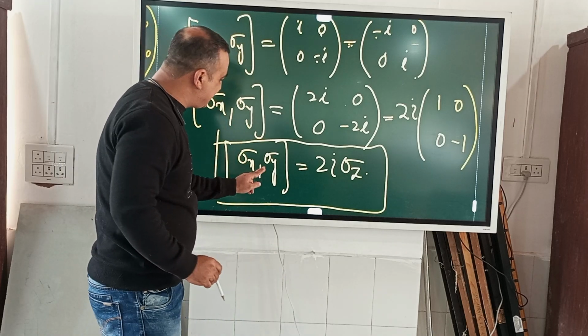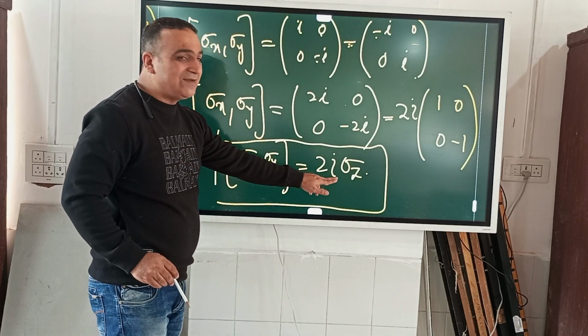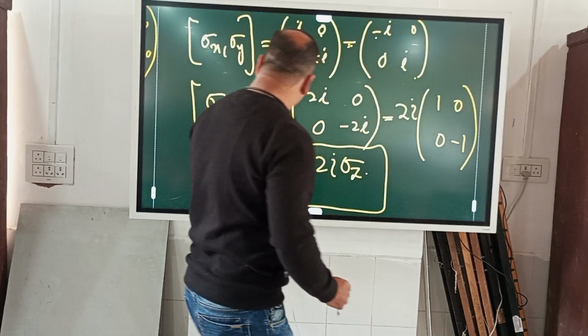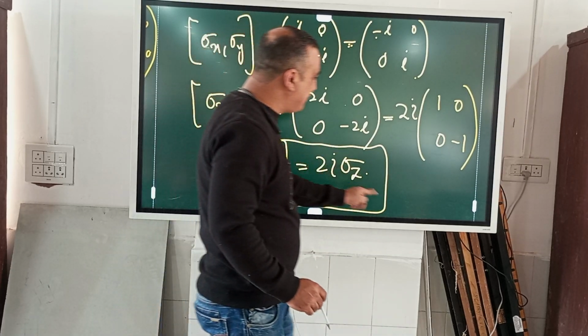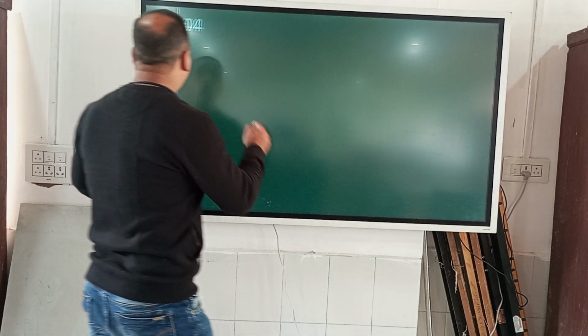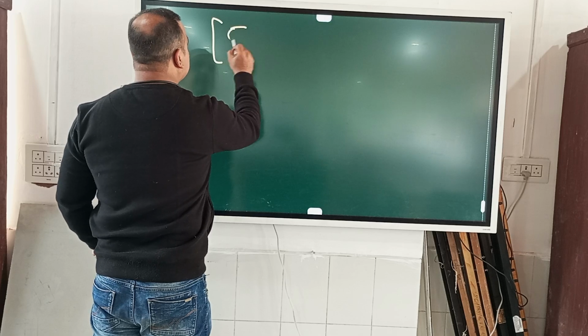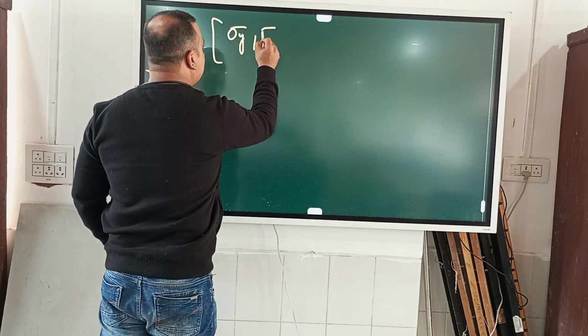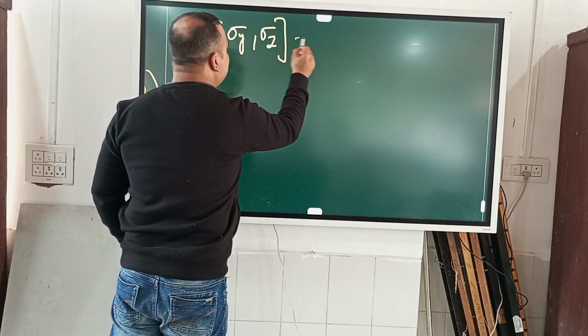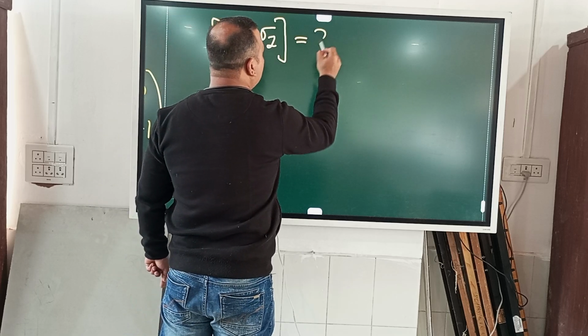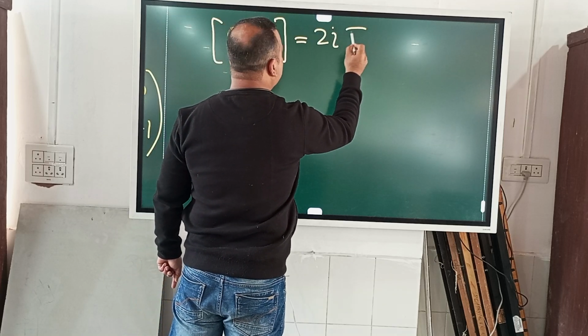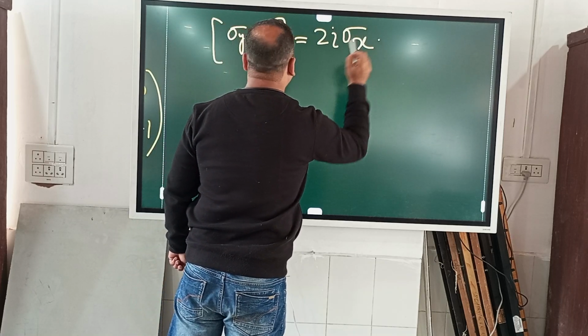So the commutation of sigma x and sigma y has led us to 2i sigma z. And if I go on with the commutation of sigma y and sigma z, this will lead us to 2i sigma x.